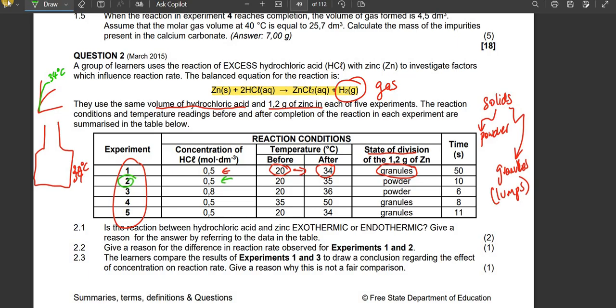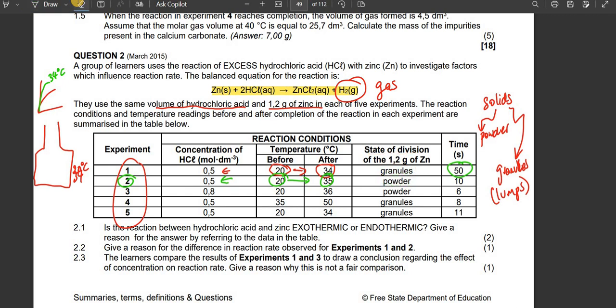They used this concentration, and then they also increased temperature, but now they used powder instead of granules. What do you realize there is that the concentration was kept constant. They changed temperature, and at the same time they also changed the state of division. They used granules, they also used powder. Look, when they used granules, it was 50.